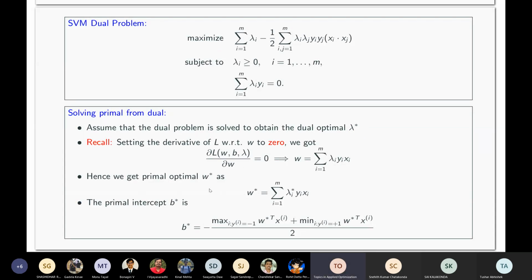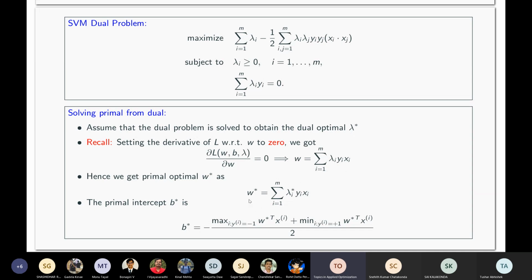This is something we have seen. Hence, we get the primal optimal W star by substituting lambda star wherever we have lambda_i star.